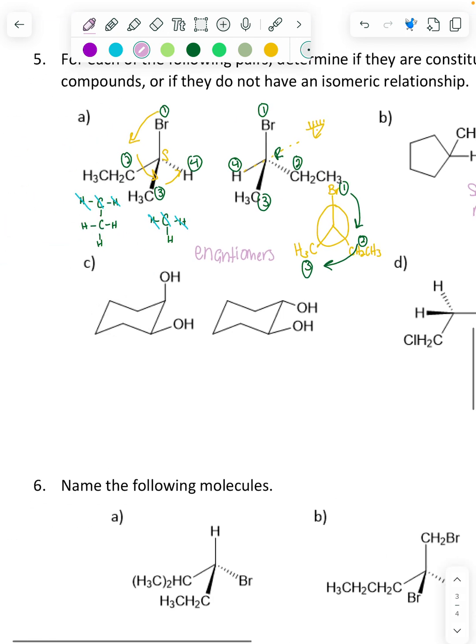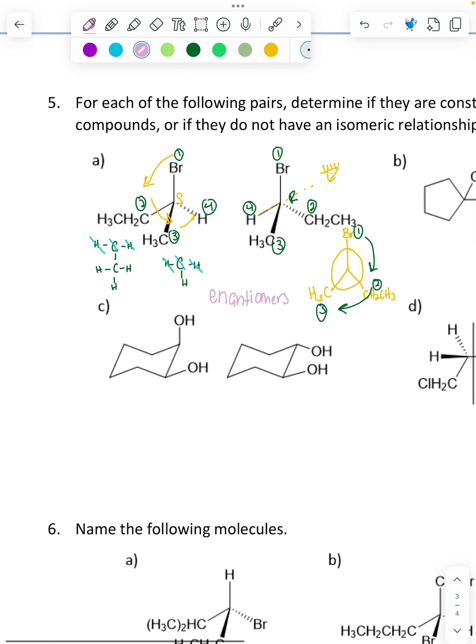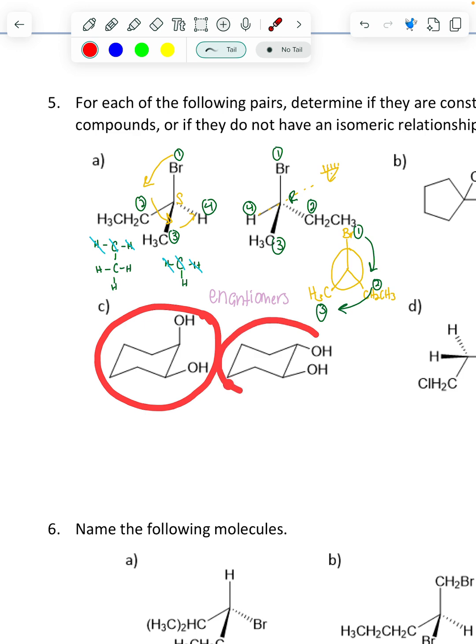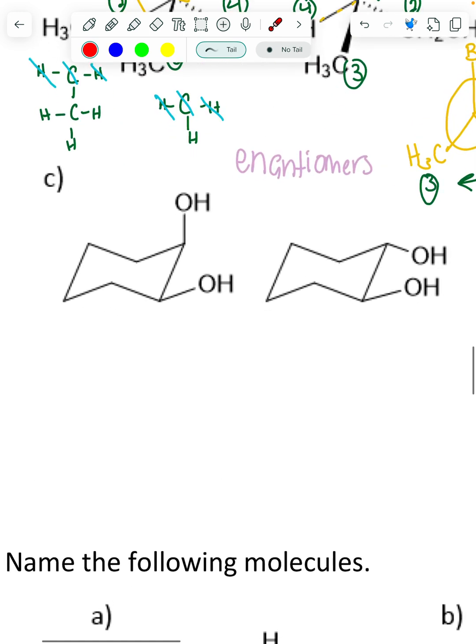Okay. Now, going to question C. This is a chair. So I'm just going to make it into a cyclohexane because it's easier for me to identify in that manner. Oh my gosh, I can't draw.